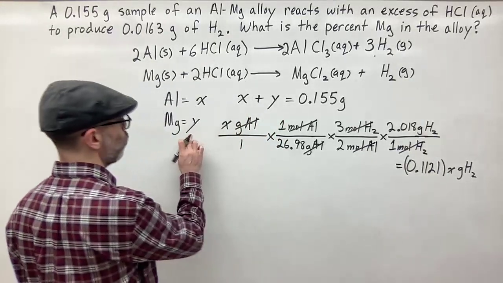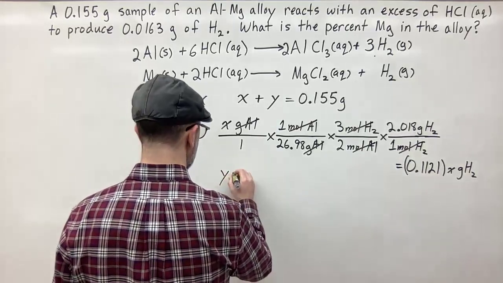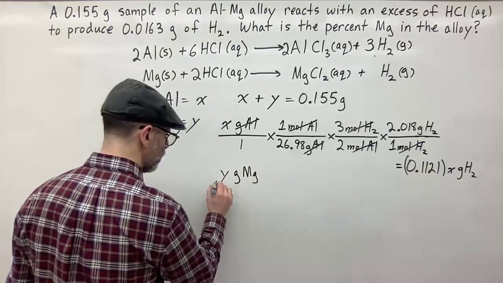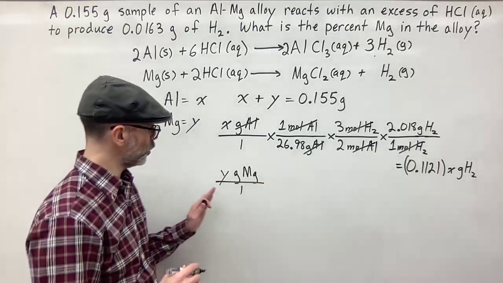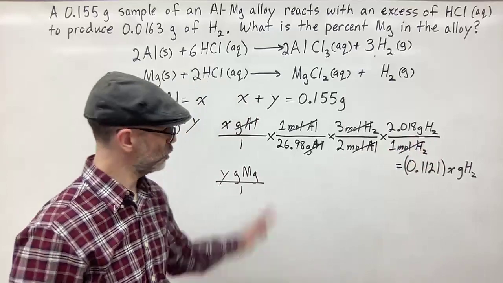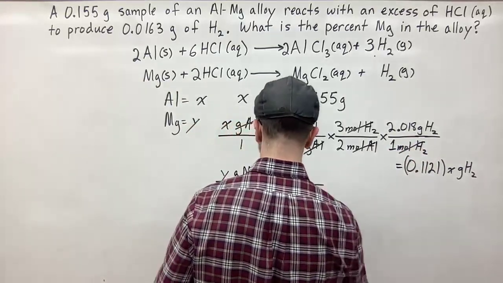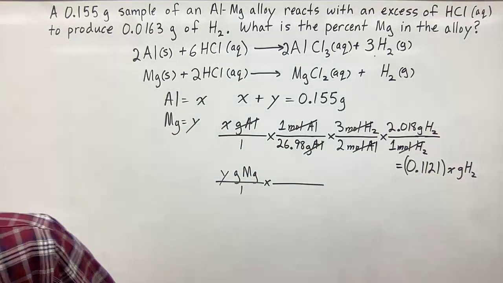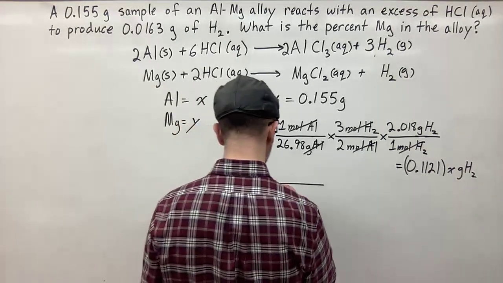In this case, it's Y. So I'm going to have Y grams of magnesium over 1. I'm going to convert the grams of magnesium into grams of hydrogen gas using the same steps. The first step is to convert magnesium grams to moles, so I'm going to need the molar mass of magnesium, which is 24.31.